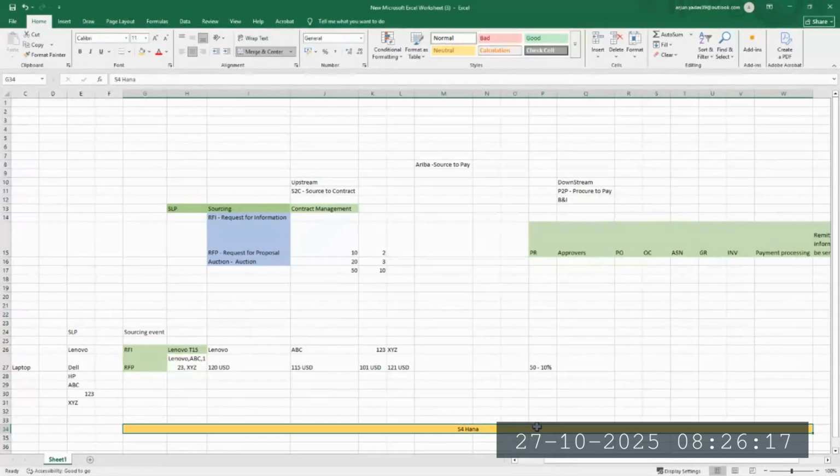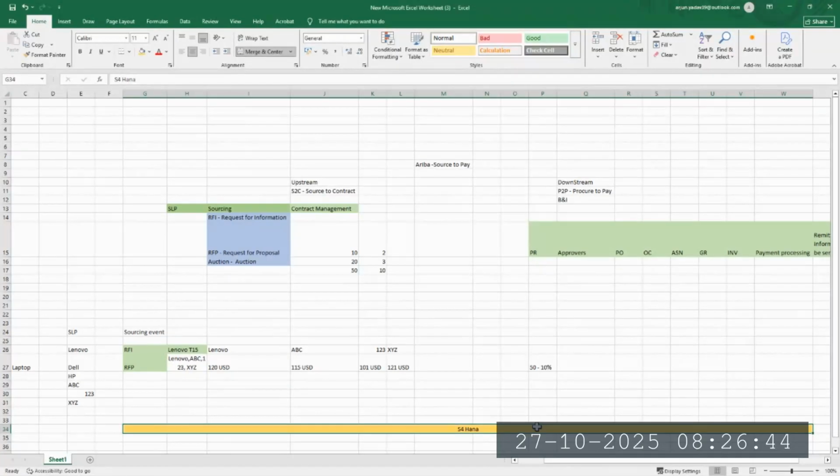Anything you buy or anything you spend, the central tool will be finance, and that is where the credit and debit happens. To have a central finance, we integrate our Ariba system to the backend ERP system. Did I answer your question?